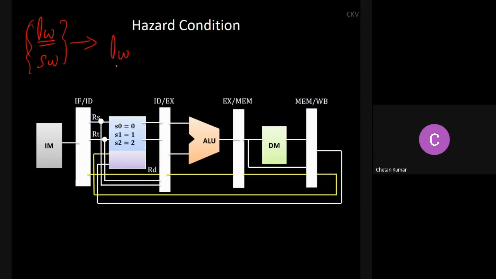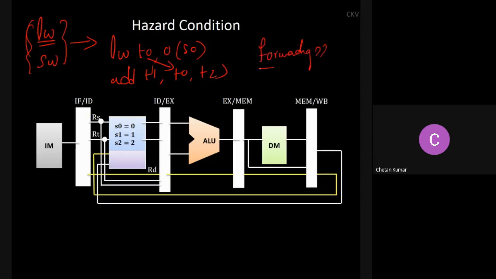Can you solve the load dependency using only forwarding? Let's say I have load T0, 0(S0), and then add T1, T0, T2. Can this hazard or dependency be resolved using forwarding? Again, just recollect, there was one problem related to this also, right?